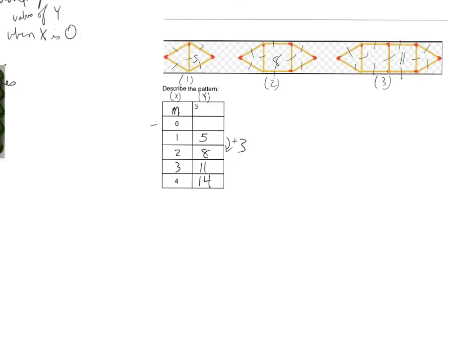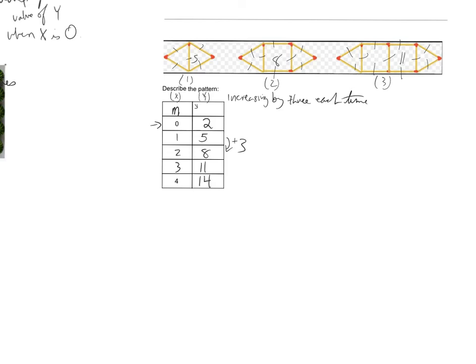We need to fill in our y value when x is at 0, and so we need to back up 3, so this would be a positive 2. So now we have our table filled out. So we describe this pattern in words: increasing by 3 each time.